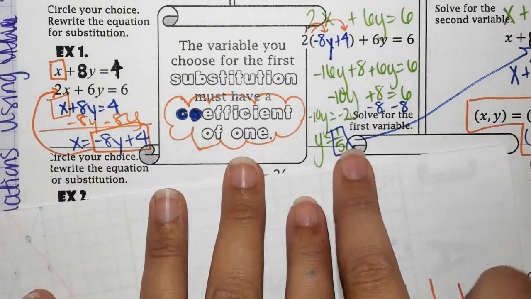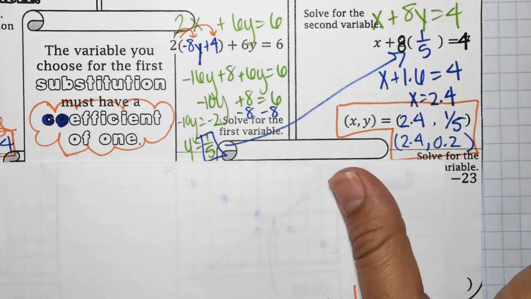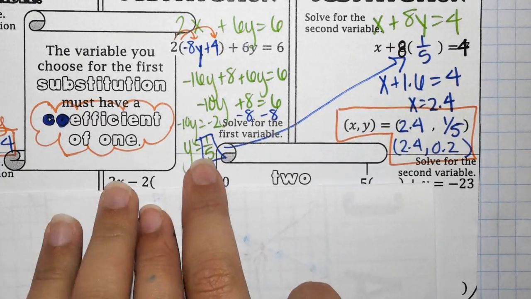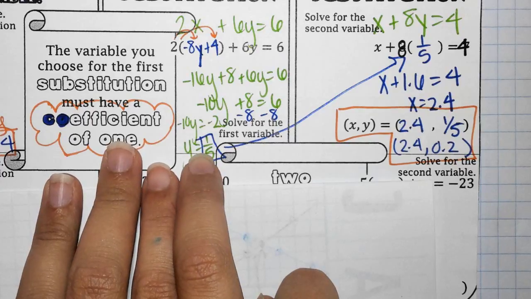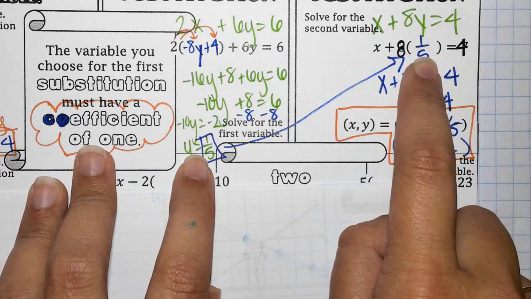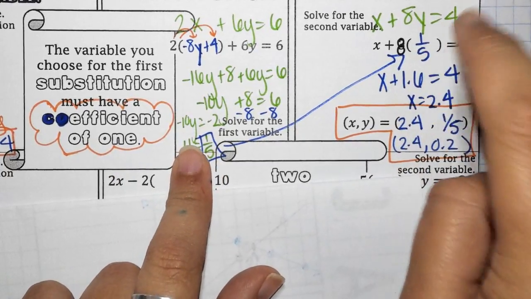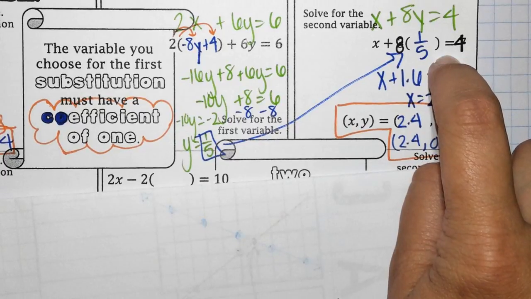Yes, take a point. All right, and I got 1/5. Now, what did I do with that 1/5? You turned it into a decimal. And I plugged it in over here, right? So I found what y equals, and then I plugged it in. Why did I plug it in, Reggie? Good.